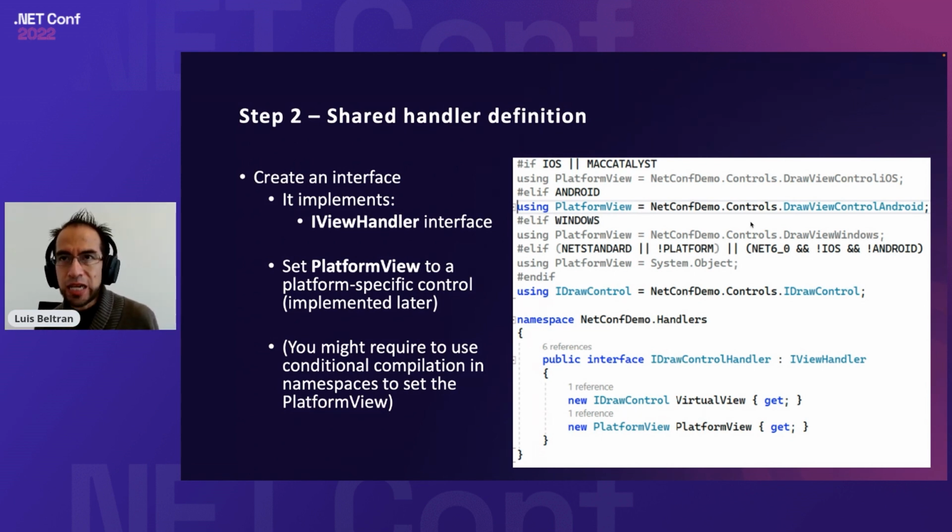But I believe that the class can be overwhelming, and also the code cannot be manageable at all. So yes, at least we will use conditional compilation, but only in the namespace part. You can observe that depending on the platform, we will set the platform view to a specific control.